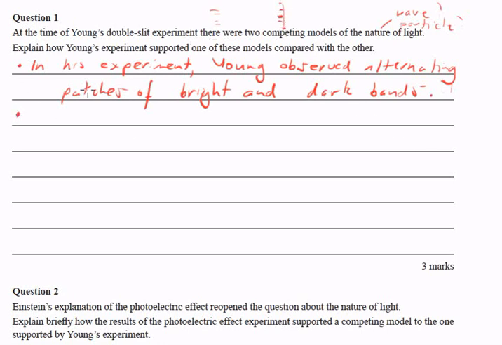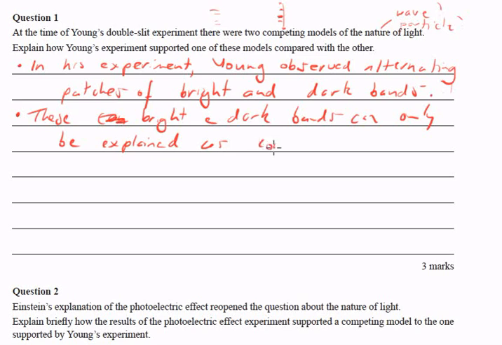Right, so I've said what he observes, and now I'm going to say why that's the case. These bright and dark bands can only be explained as constructive or destructive interference of waves.